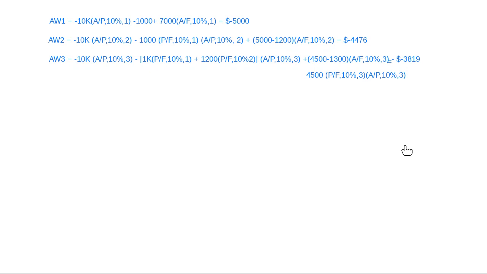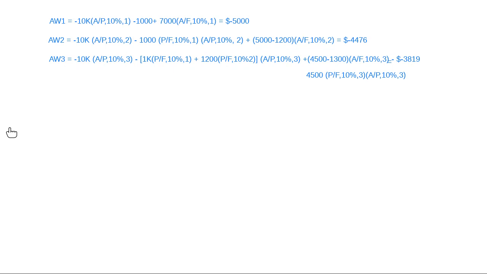So it is on either side. If it was present and you want to convert it to an annual, or if it is in the future and you want to convert it to an annual, both of them work the same. A given P and A given F, in both cases for the 3 years, it works for either side. It is fine. So if you want to use it this way, it is okay. The answer will not be different.